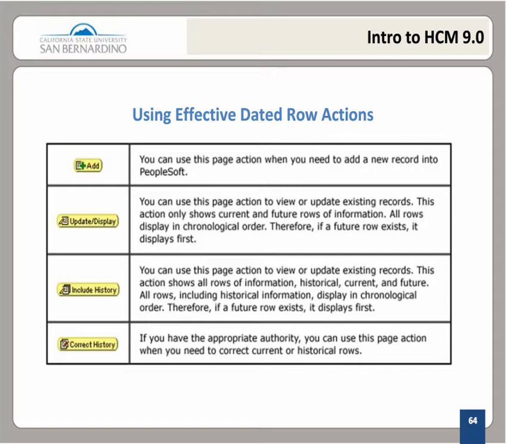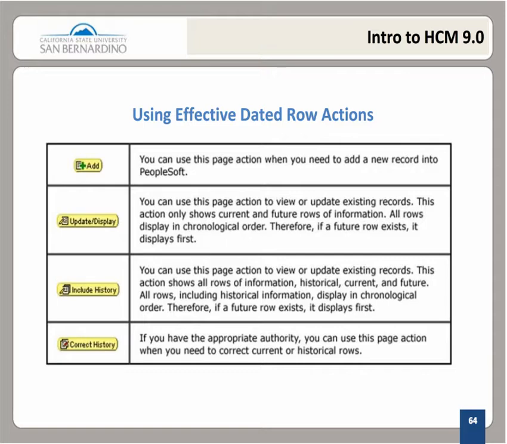All rows display in chronological order. Therefore, if a future row exists, it's first displayed. The Include History icon: you can use this page action to view or update existing records. This action shows all rows of information, historical, current, and future.